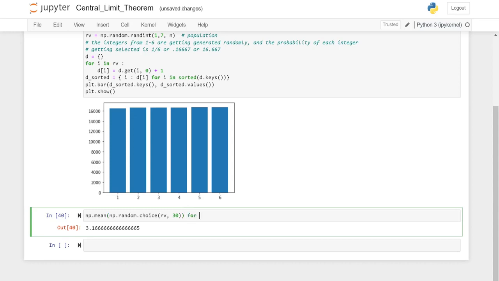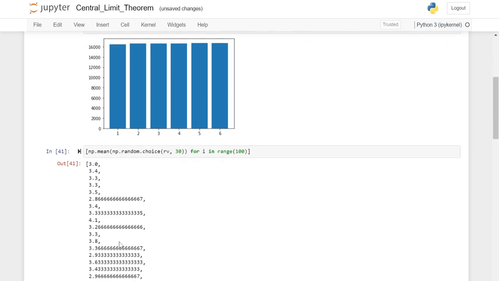How can we do that? For i in range, we'll say 100. We are taking 100 samples, and for every sample we are calculating the mean. Then there will be 100 means over here. We are expecting the mean of each and every sample to be 3.5, but that is not the case.